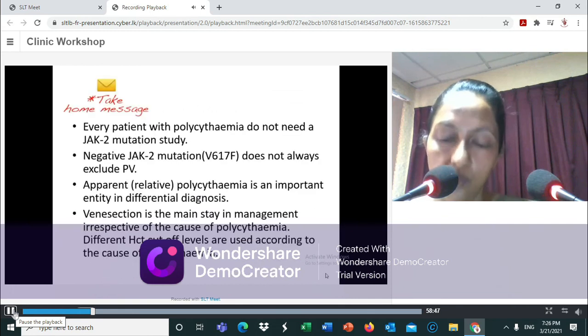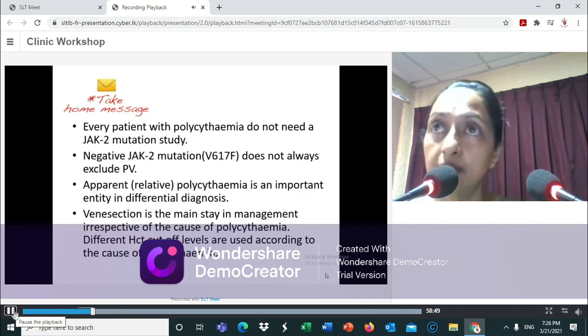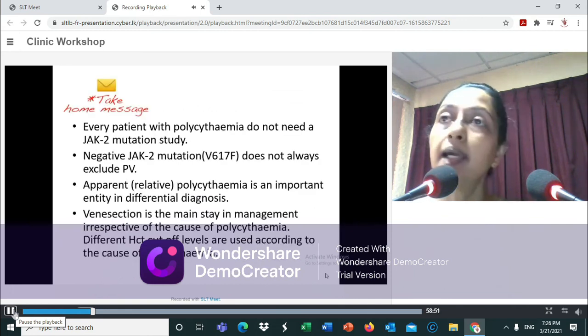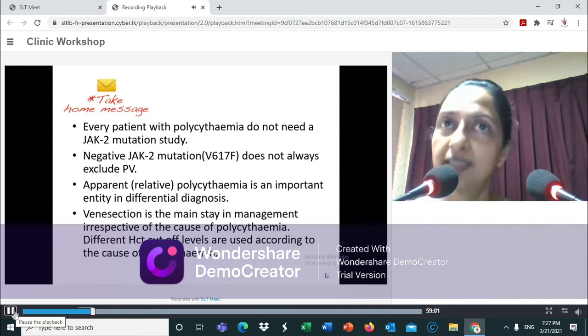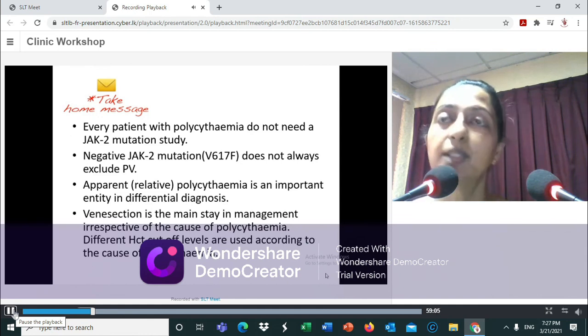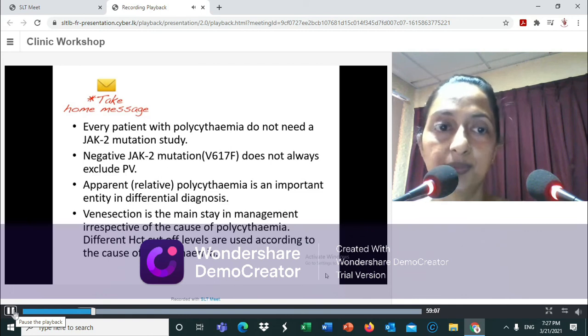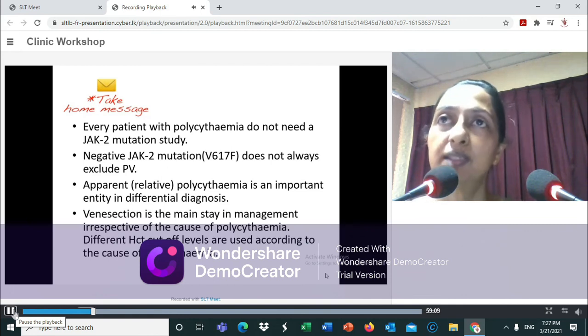So, a few take-home messages. Every patient with polycythemia does not need a JAK2 mutation study. We see some doctors doing JAK2 for every high hematocrit. It's not indicated. Evaluate the patient, and if it's required, then do it, because it's around 8,000 rupees. So your decision has to be clear.